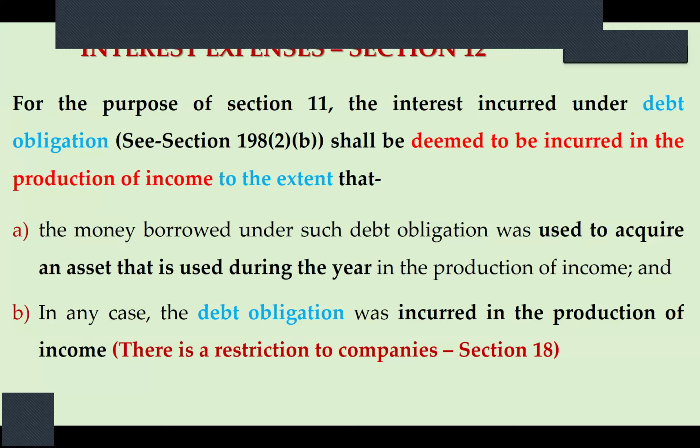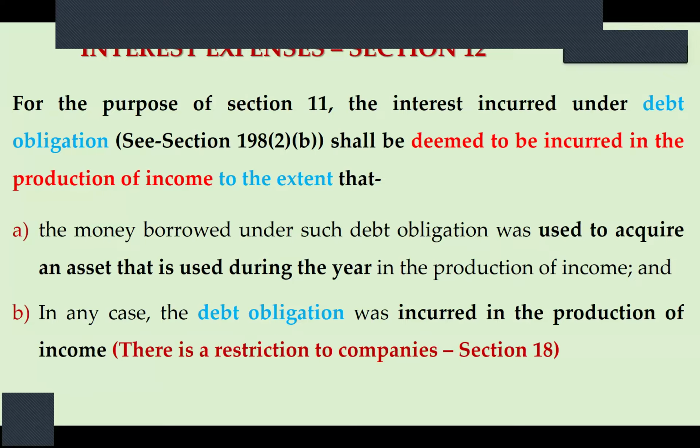So either we can use that borrowed money in the production of income, or we can purchase an asset, and if that asset is used during that year of assessment in the production of income, then the interest paid on that borrowed money is deductible.